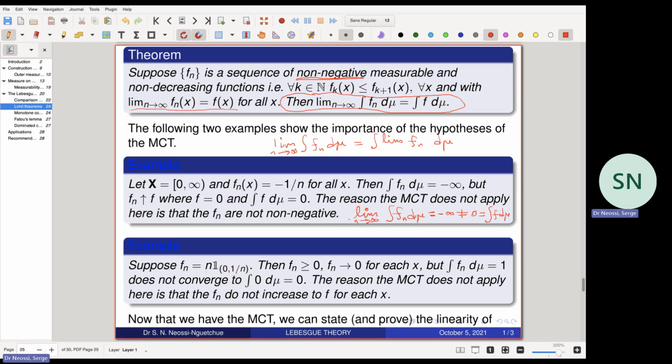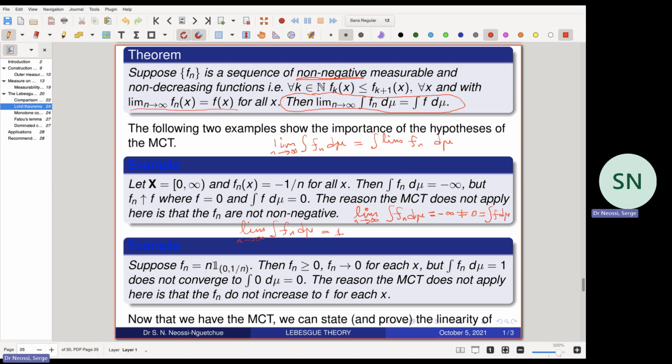Let's check. If we compute the integral of each fn, we obtain 1. Whereas the integral of the limit, which is 0, is still 0. So we see that the limit of the integral of fn d mu when n goes to infinity is 1.